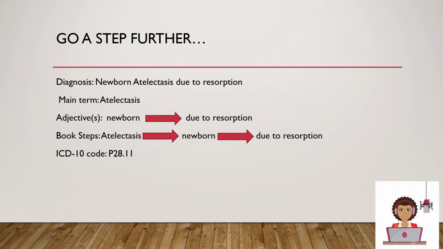So when we apply our book steps, again, we're going to start with atelectasis because that is the main term or the main issue. We're going to go to newborn because it describes the atelectasis. And we have newborn atelectasis due to resorption. So based upon those book steps, our ICD-10 code should be P as in Paul 28.11.